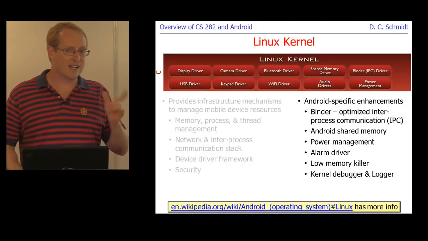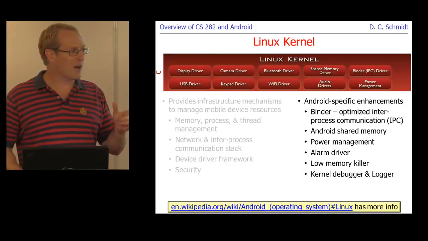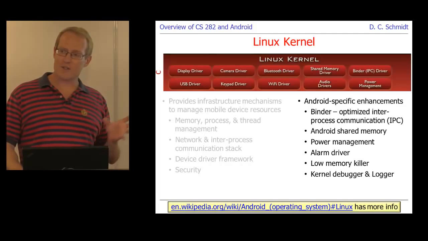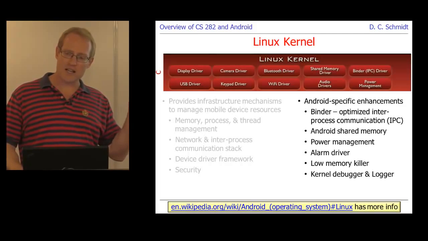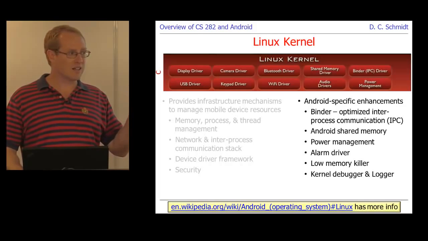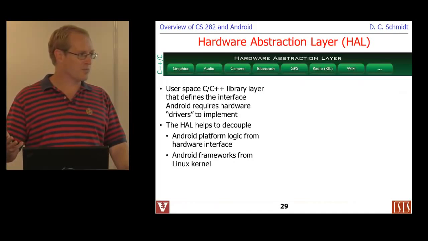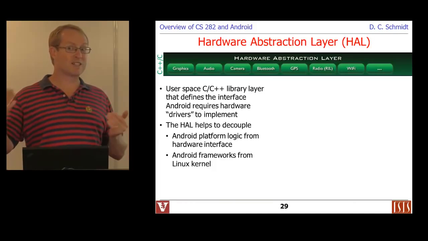If you're using Linux, they're also required to be open source. So if you provide drivers that are part of the Linux kernel, because of the licensing model of the GNU public license, you have to release that code as open source code. Well, a lot of people are reluctant to do that.